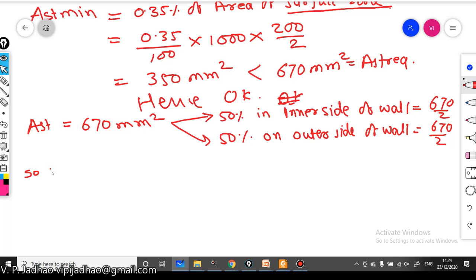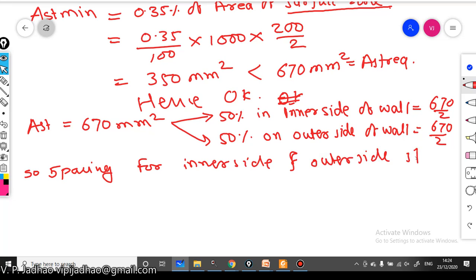So the spacing for inner side and outer side steel, this spacing S, let us assume we provide 10 phi HYSD bar.